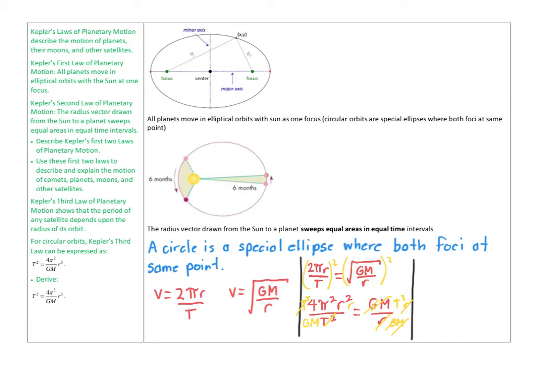So that leaves us overall with a relationship that looks like 4 pi squared r cubed, because we've got r squared times r, divided by GM, is equal to the period squared, which is the same as over here that we've been asked to derive. So that is the derivation that we need to know.